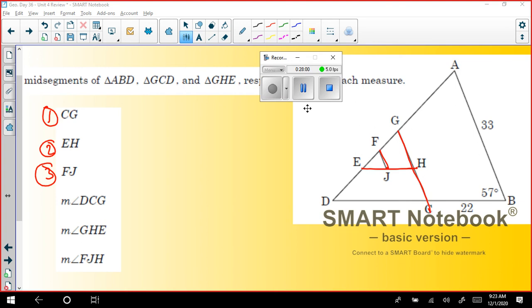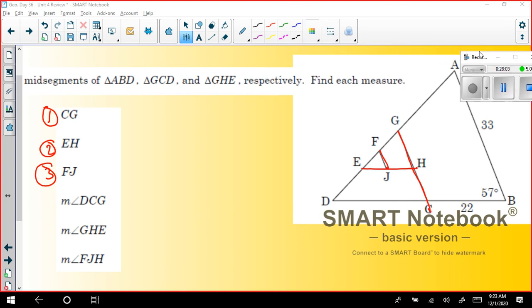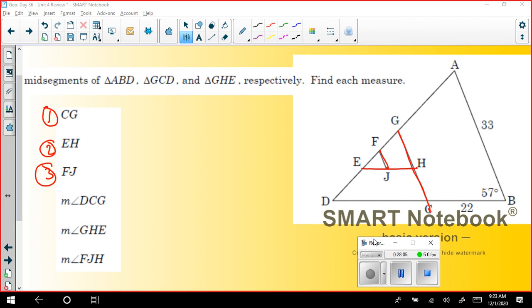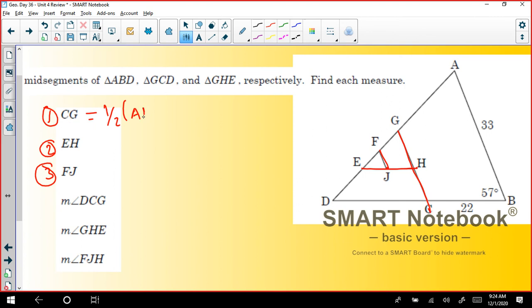So CG is going to be over here, which is going to be half of AB from your theorem. And you know AB is already 33, so 33 divided by 2, which is 16.5.